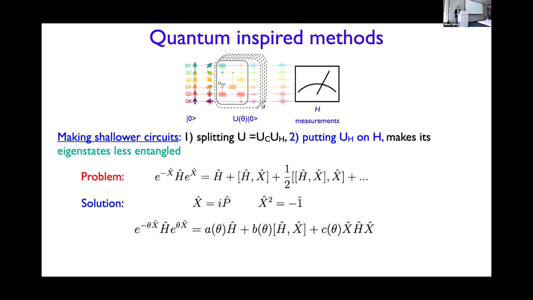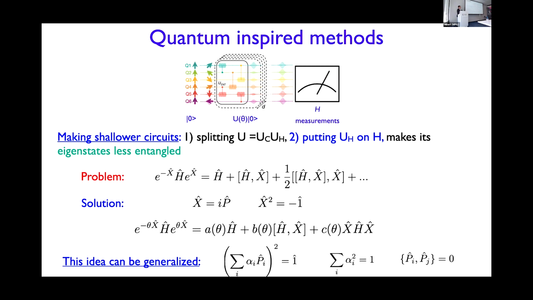Okay. Well, you may say, this is just for a single Pauli product. It may not be that powerful. Turns out this trick can be generalized, and the simple idea here is that you can build more complex operators with this involution property, where the square of them is identity, by grouping Pauli products that anti-commute.